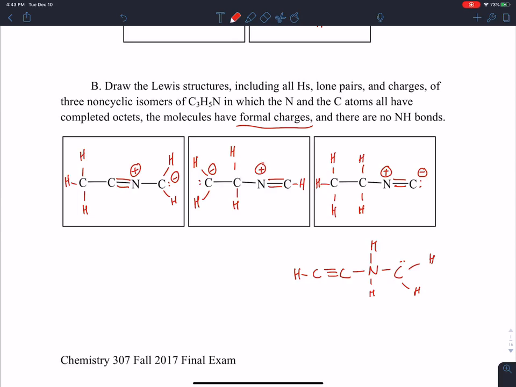And this would technically still be right, because the nitrogen gets a positive and the carbon gets a negative. So you can think of many different ways. You can do them with triple bonds too if you really want to. There's so many different possibilities here, so I'm sure a bunch of the answers are correct. As long as you have something along these lines, you're fine.